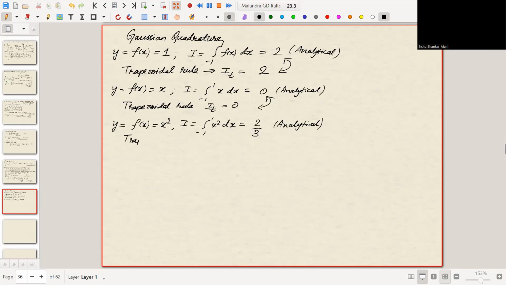Now you use the trapezoidal rule. What is the answer after using the trapezoidal rule?